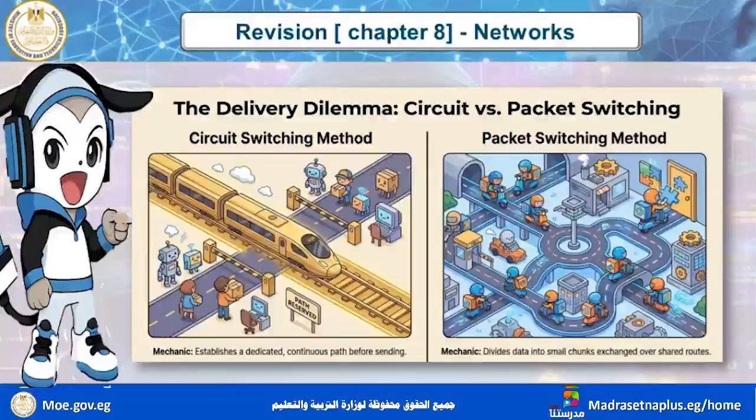Look at the picture on the right, you can discover that we have many routes at the same time, but they are not stable. And this is a disadvantage for the packet switching method.